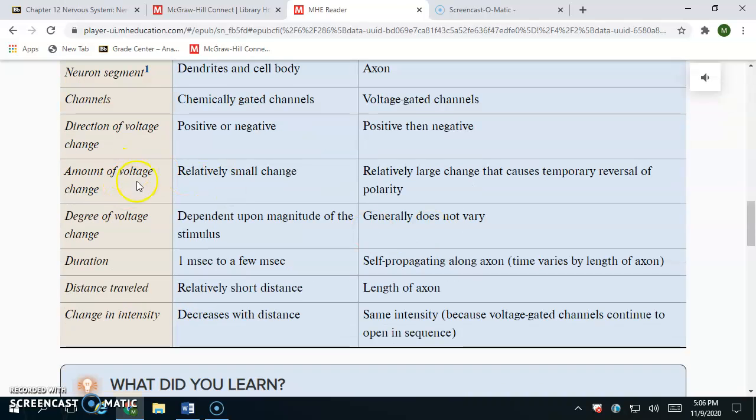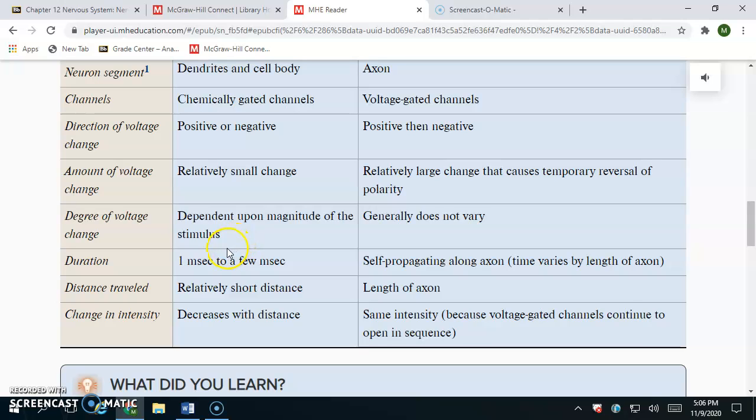The amount of voltage change is pretty small if you compare it to the change that you get when the action potential is happening along the axon. So small change in voltage if we're talking about graded potentials, large change if we're talking about action potentials. And then the degree of voltage change is dependent on the magnitude of the stimulus.